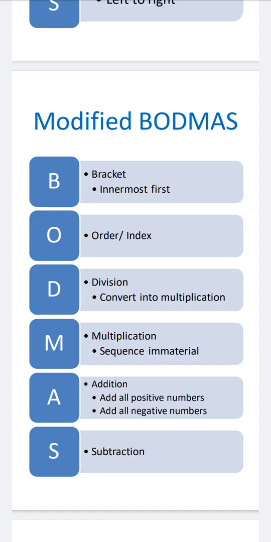Then comes addition. In this rule, you add all the positive numbers and add all the negative numbers. Then you will be left with one positive number and one negative number at the most, and you perform subtraction.